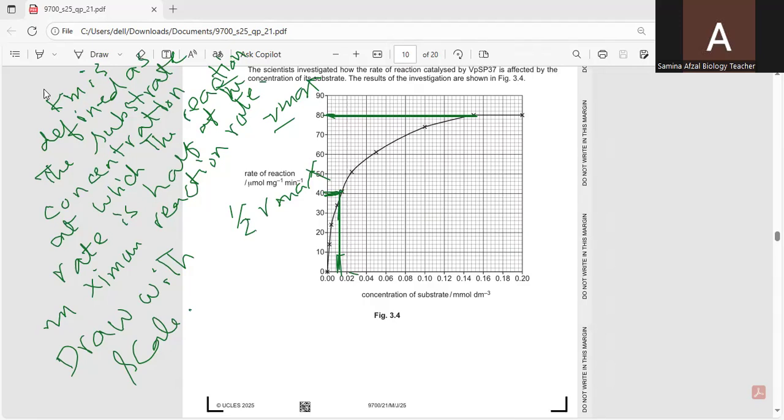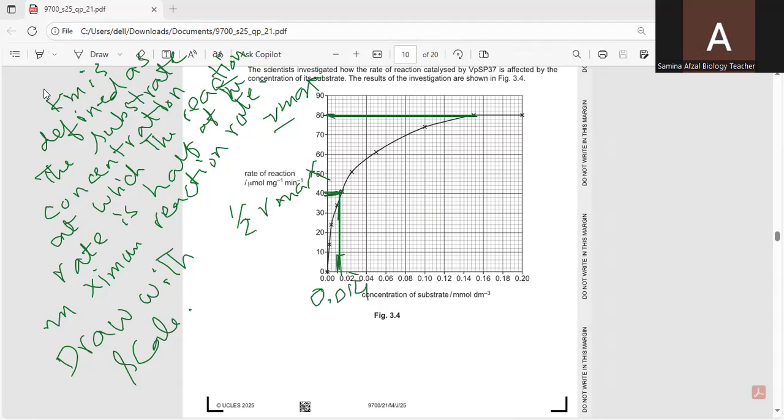So I would like to go with it. It will be nearly equal to 0.014.